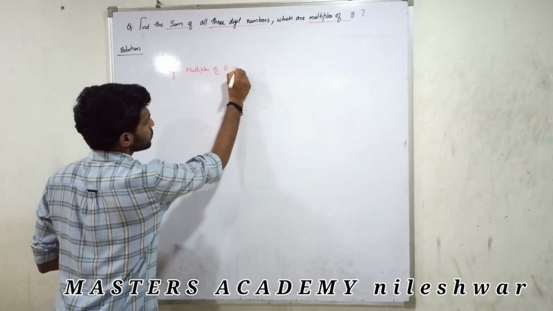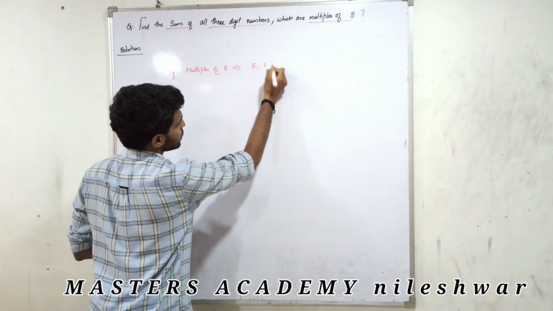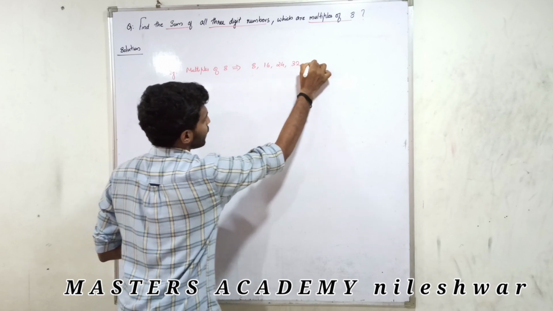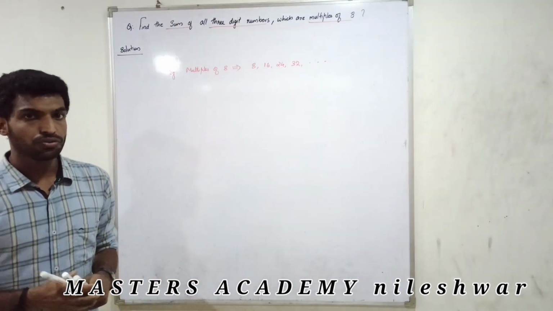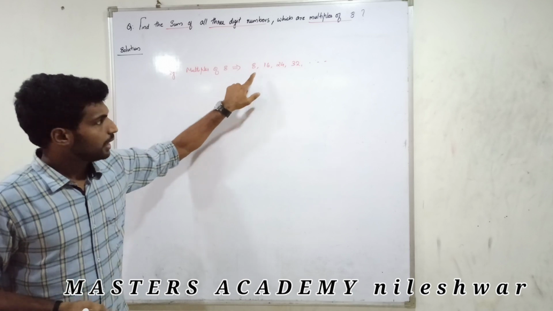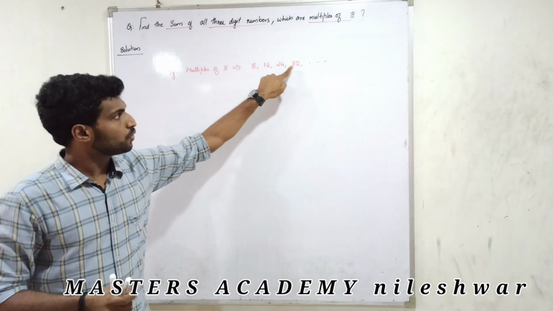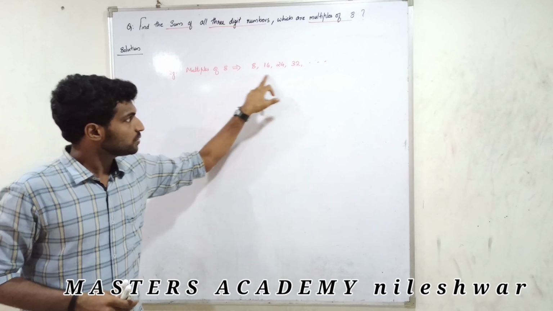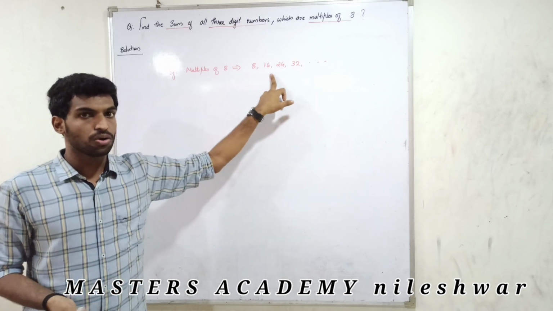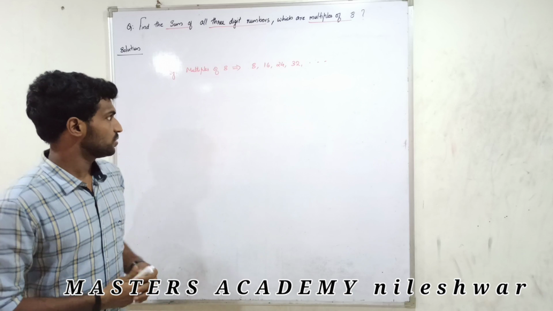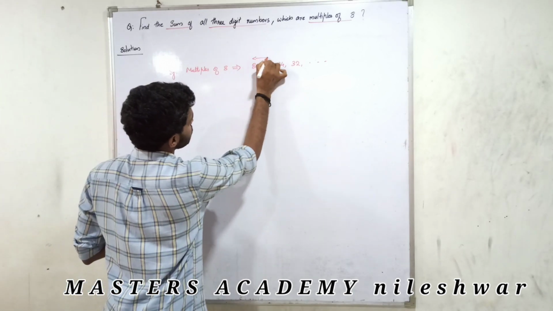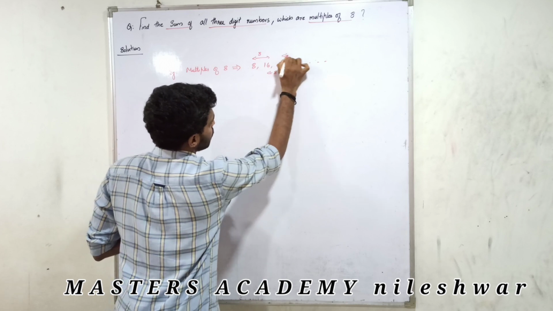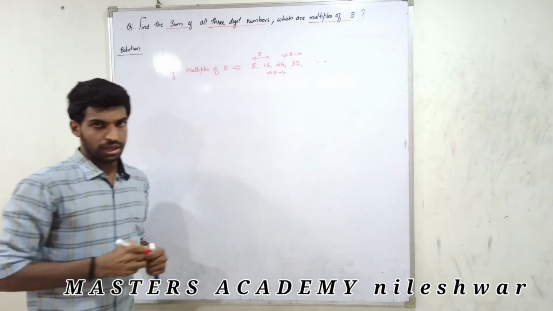We know that multiples of 8 are 8, 16, 24, 32, etc. We can see that these are in arithmetic sequence. So here the common difference is 8.